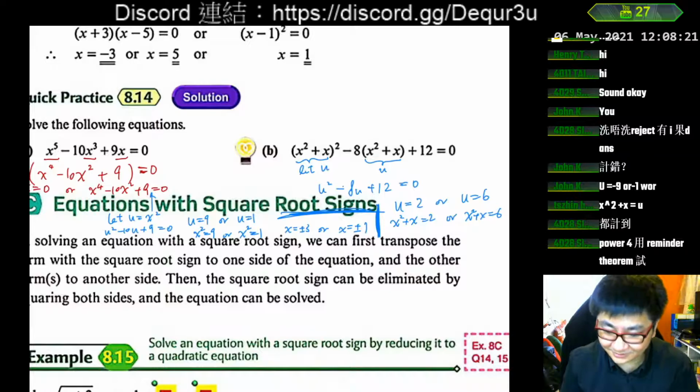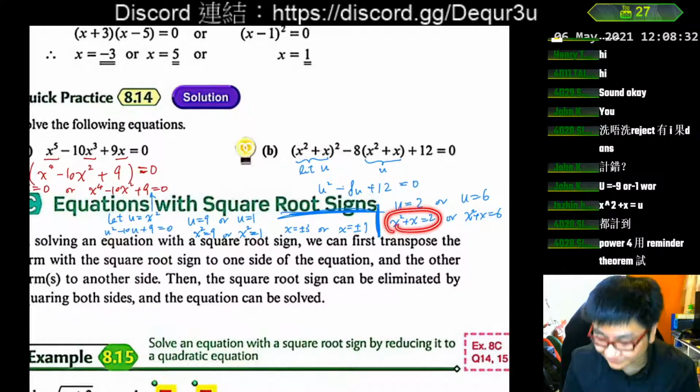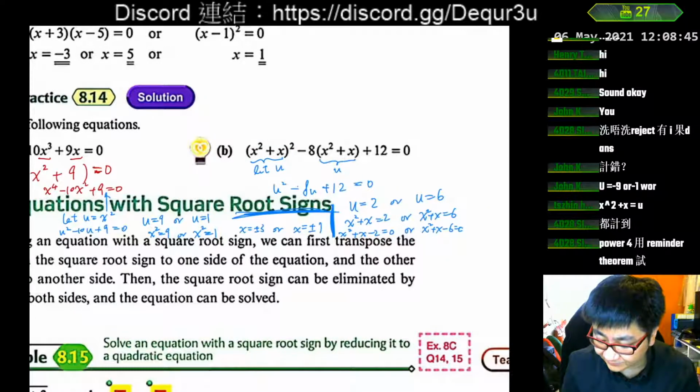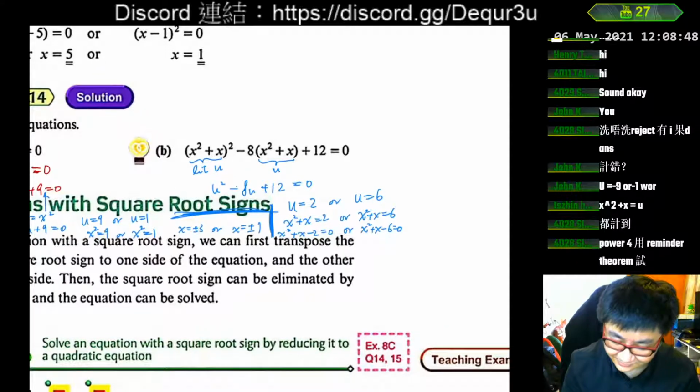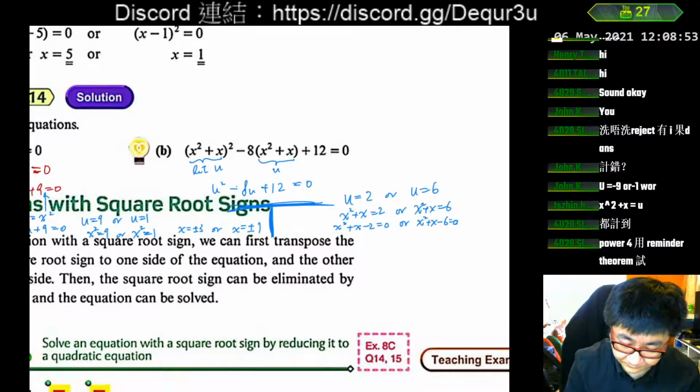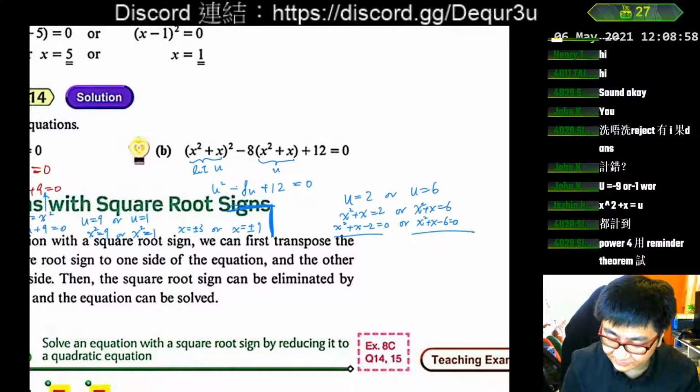And now changing back to x, you see it becomes another pair of quadratic equations, so solve it and then solve it, and we have the answer. And therefore, putting it back into the calculator friendly form, and then by calculator, we can get the answer.